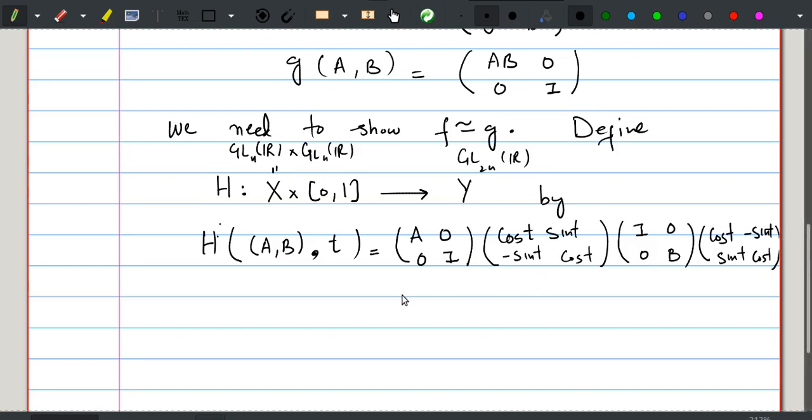Here we take t from 0 to pi by 2, where 0 is less than or equal to t is less than or equal to pi by 2. Actually t must belong to the interval [0,1]. So we can rescale this to make it from 0 to 1.